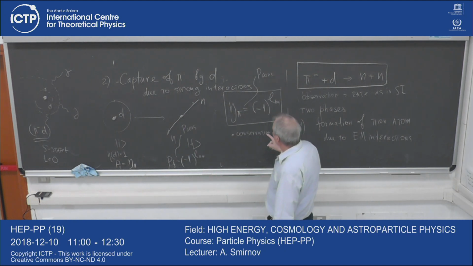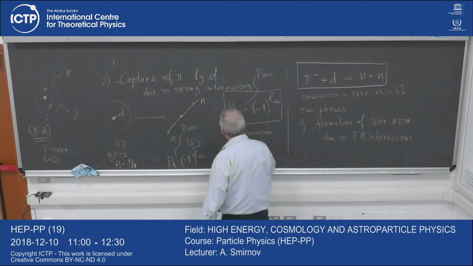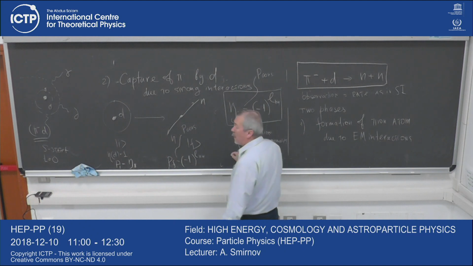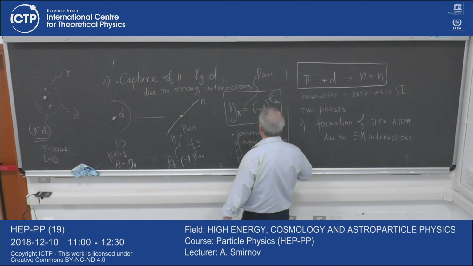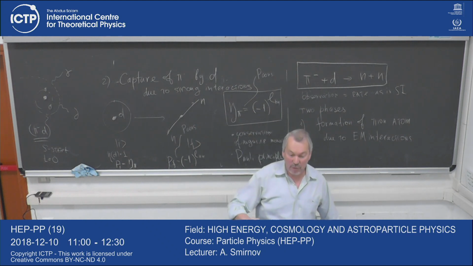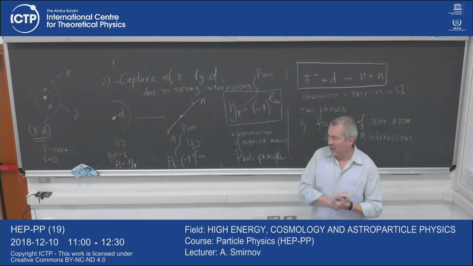Okay? Now we can use conservation of angular momentum and the Pauli principle. Since we have two identical particles in the final state, their wave function should be antisymmetric under permutations. Okay?